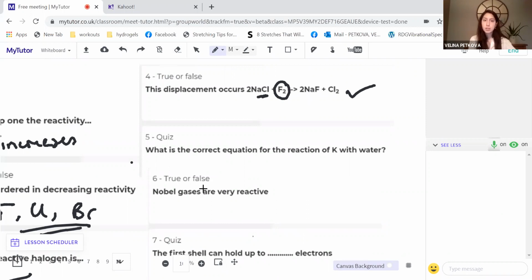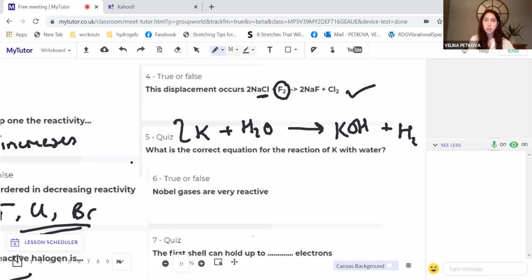So what's the correct equation for potassium and water? So potassium plus water, what did it form? It formed potassium hydroxide. And what else did it form? So you remember? It also formed hydrogen gas. So yeah, we need to balance it. So just put 2, 2, and a 2 in front of the hydrogen.